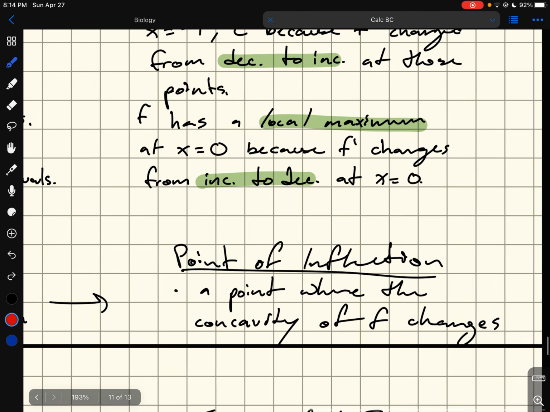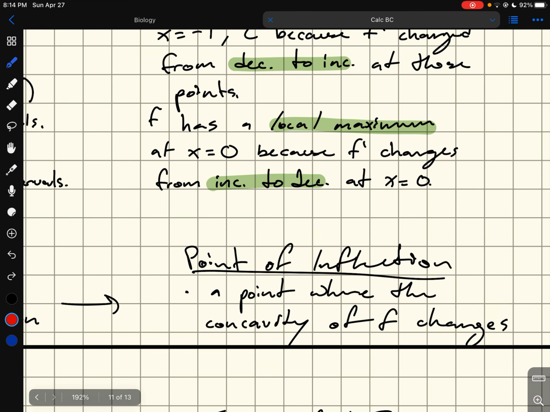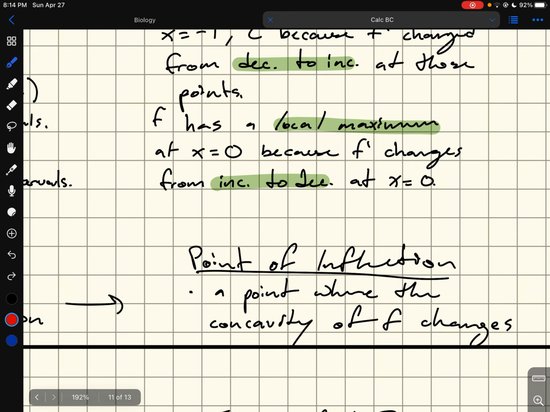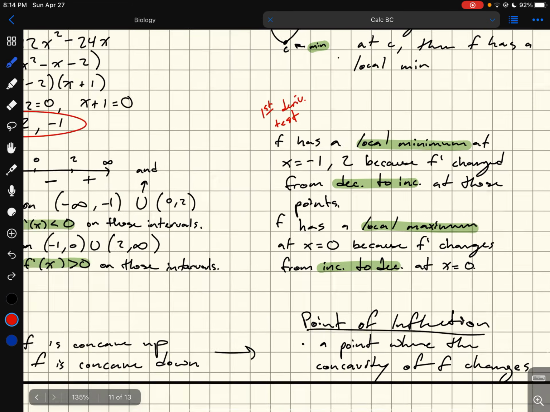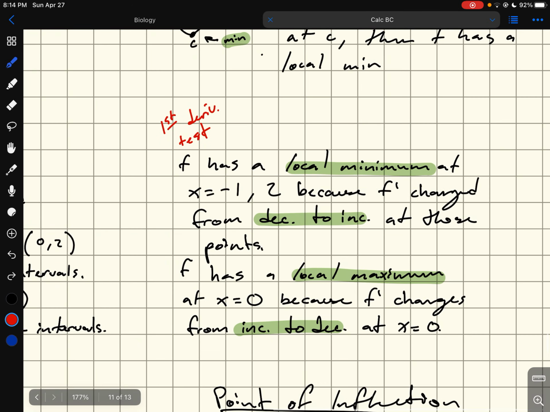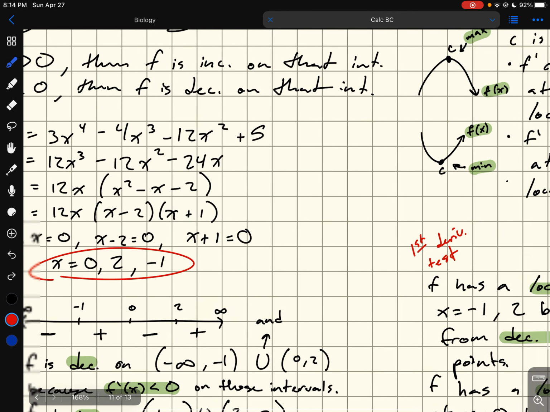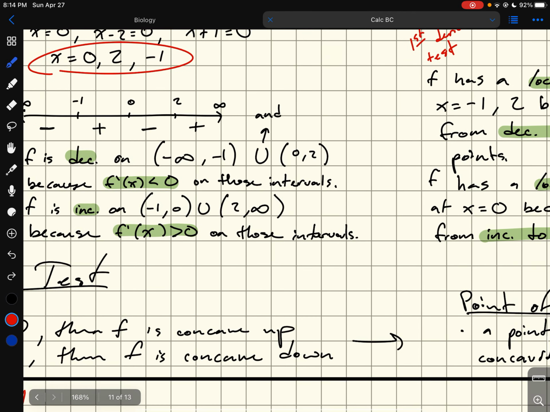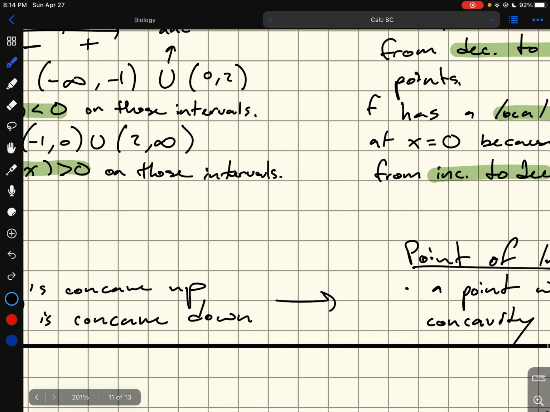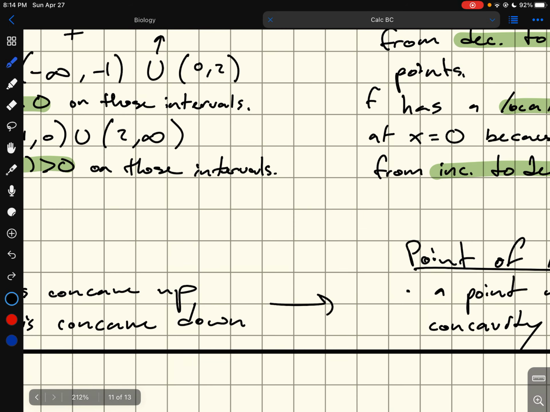Okay. And that leads us to point of inflection. So a point of inflection is where concavity changes. So that's more similar to like the minimums and maximums, where the f prime changes. Now we're talking about where f double prime changes. So I'm going to draw a little graph to help you visualize. Here's our graph, very small. Let's say this is our function.